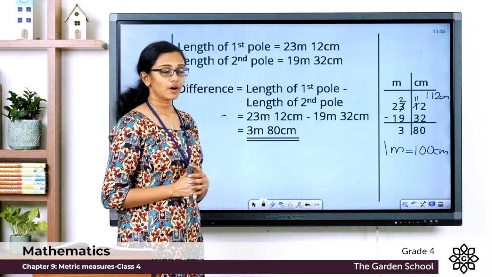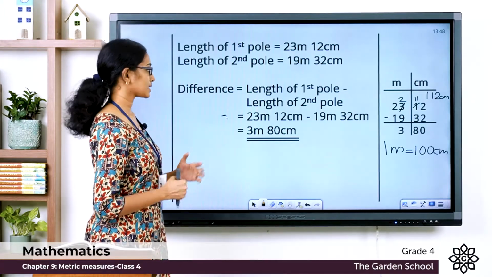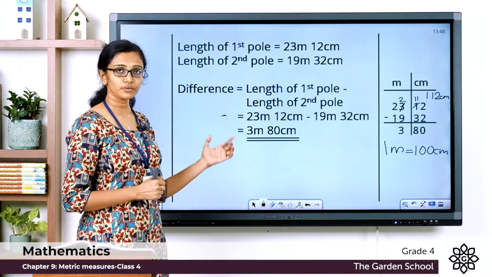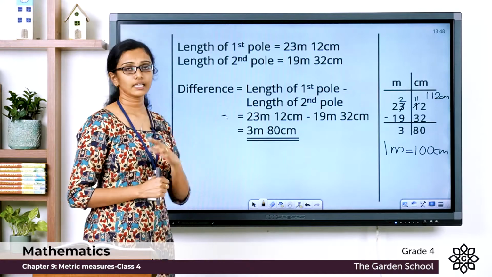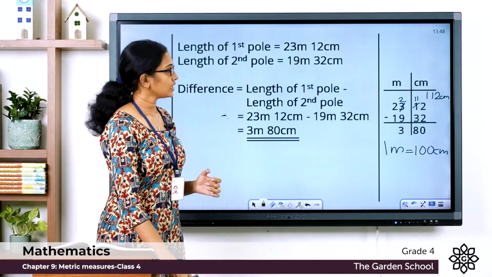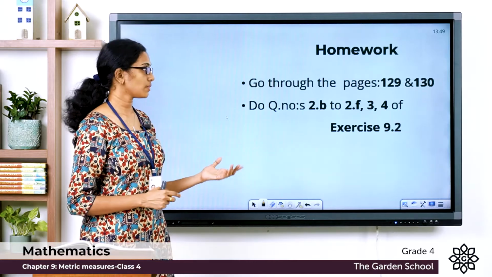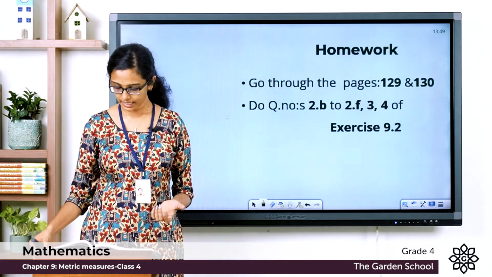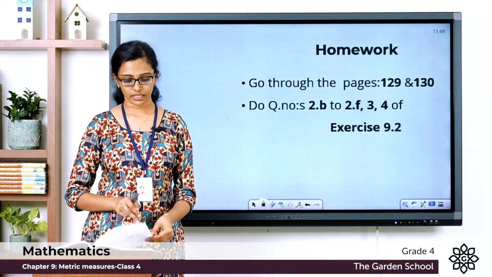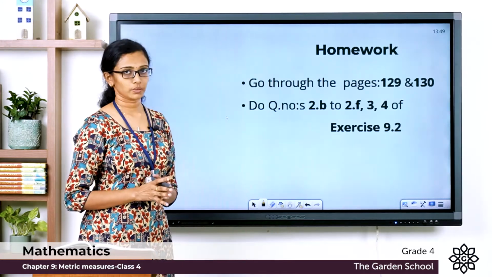So the difference between the lengths of the poles is equal to 3 meter 80 centimeters. You can go through this topic, subtraction of length, on page number 129 and 130 of your textbook. Then go through the topic once again.